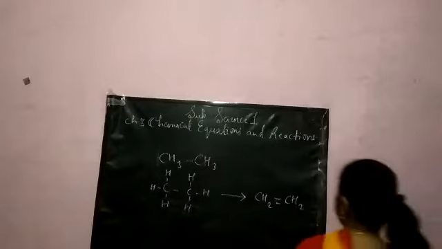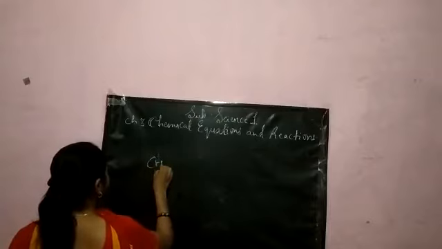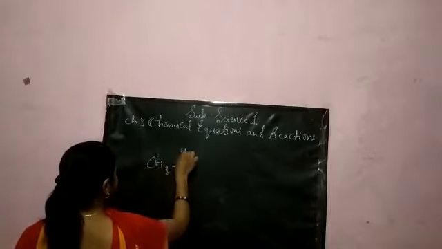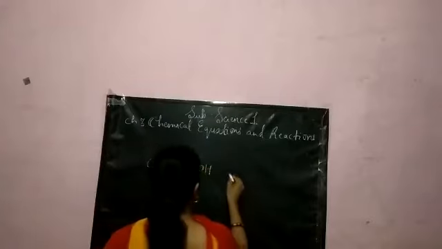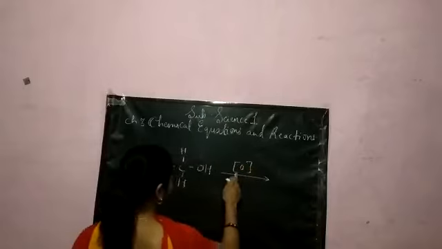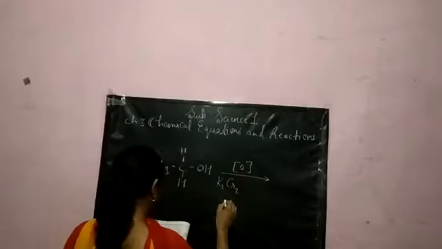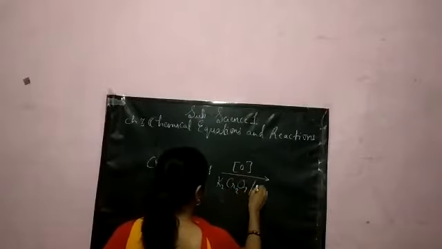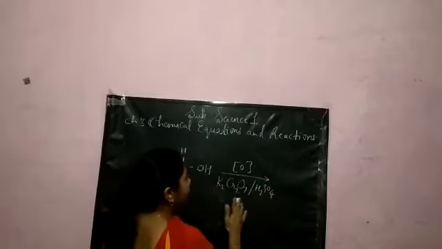And let's see other things. Here in your book, one example is given of ethyl alcohol, that is CH3, CH2, OH. And it has been oxidized with the help of some oxidizing agent. This is a nascent oxygen. I'll teach you afterwards how this nascent oxygen is produced. And this is potassium dichromate in an acidic medium. The acid used over here is sulfuric acid.